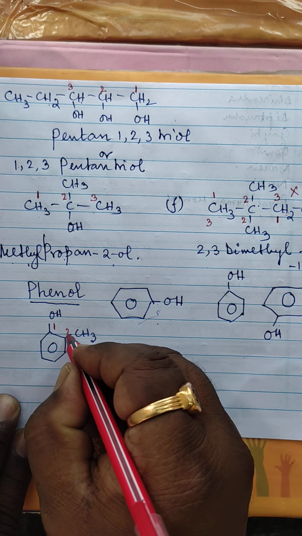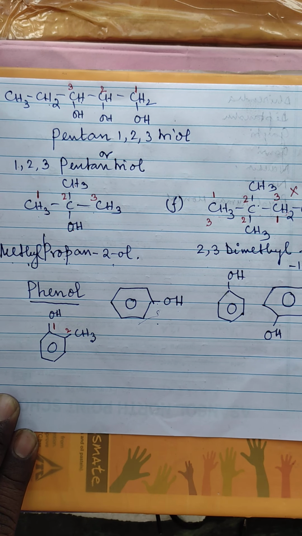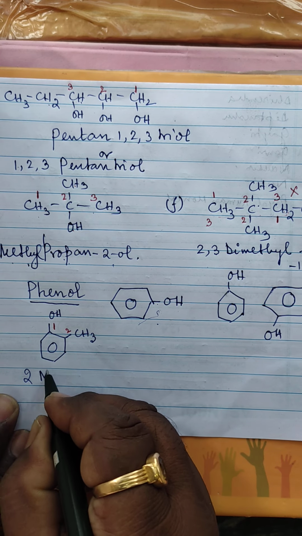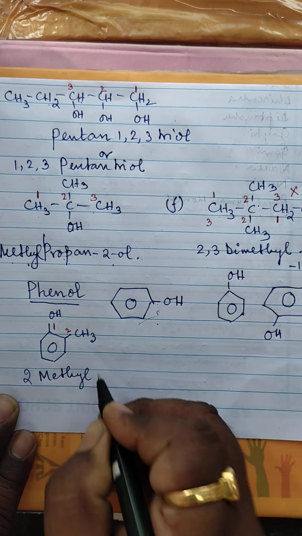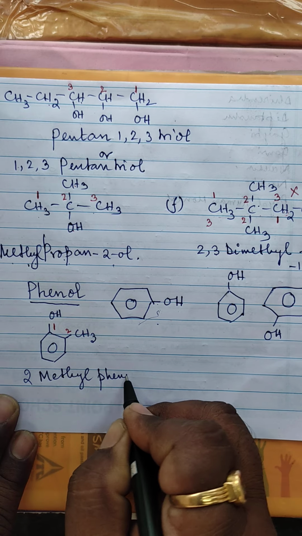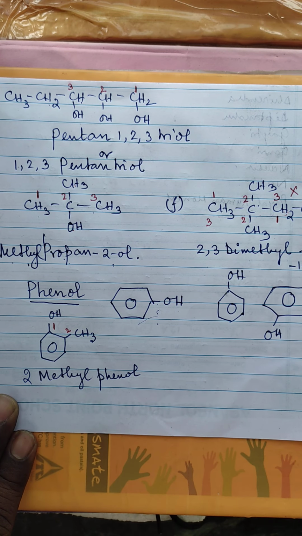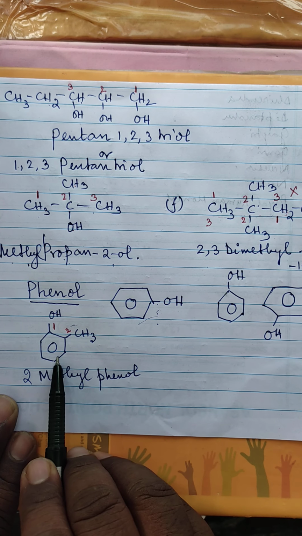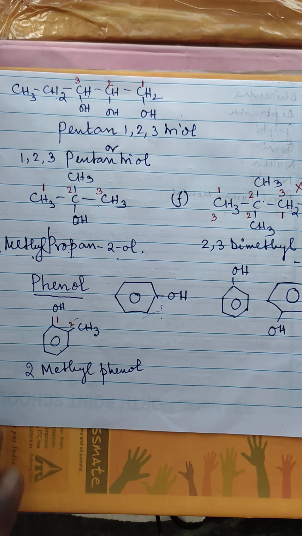So what is the name of the compound? It is called 2-methyl phenol. Why? If the CH3 was not there, the parent compound is phenol. In the second position we have a methyl group, so it is called 2-methyl phenol.